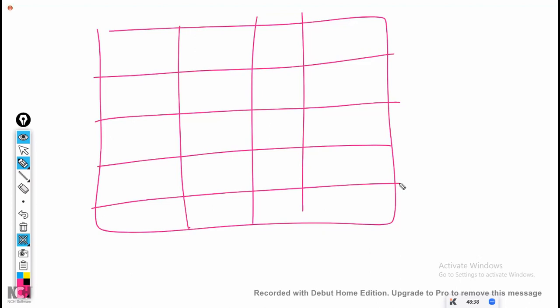Along with that, the diagonal values are going to be 1. Right? For example, you take an example: x1, x2, x3 along the rows and x1, x2, x3 along the columns.